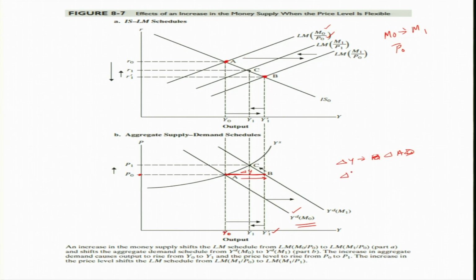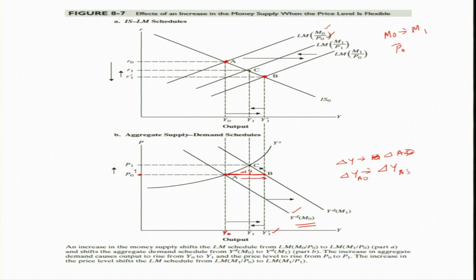This del Y should also be matched by aggregate supply. But the firms are already at equilibrium, and they are not willing to increase output equivalent to this del Y except at a higher price.